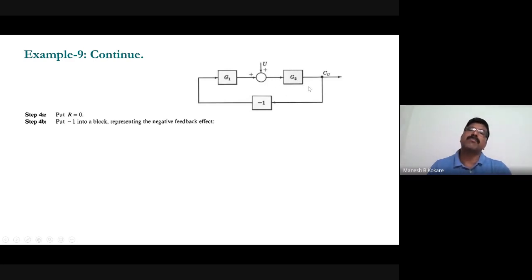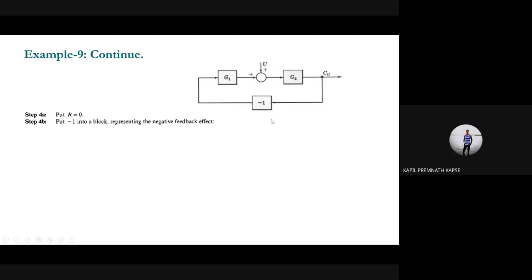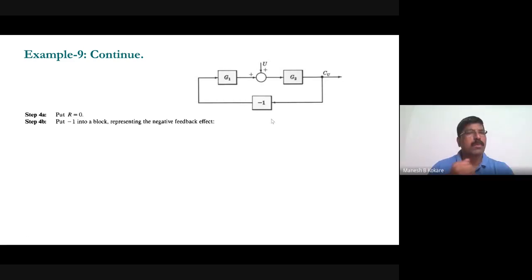So what will be the transfer function of that one? Can somebody tell me? CU by U. A very simple problem. CU by U. Can somebody tell me? G2 upon 1 plus G2. What about G1?